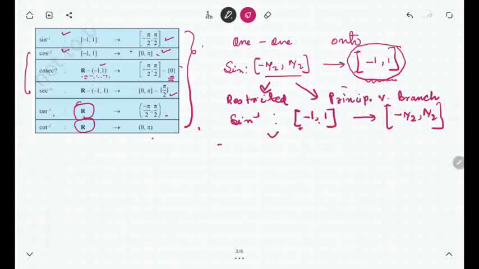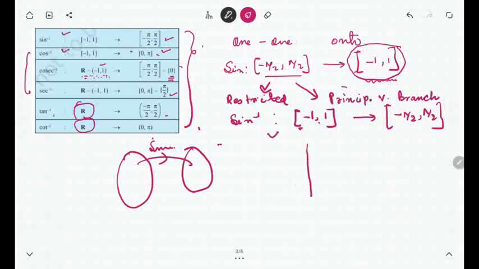Because if we don't restrict, for example, if we take the simple sine function, its domain is R. If you remember, the sine function's graph we have taken like this. This is your x-axis and this is y-axis.